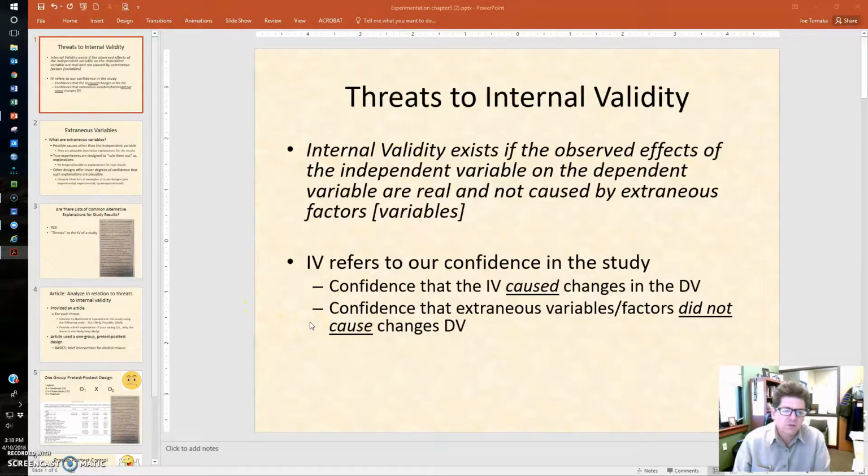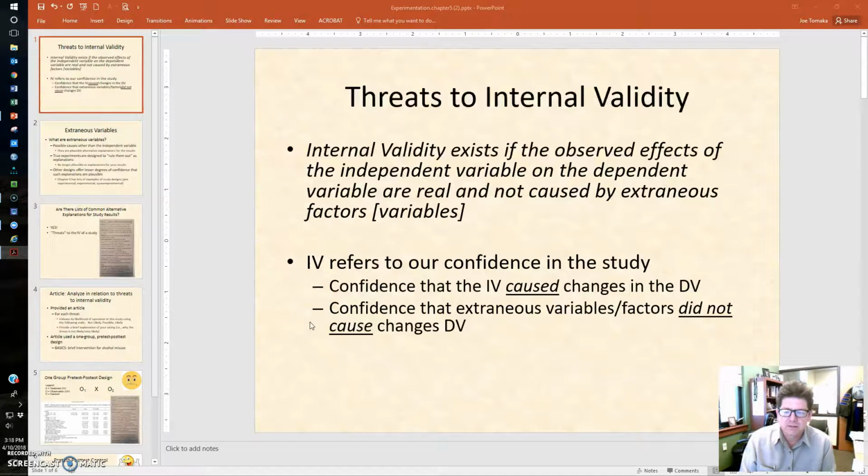So, what are threats to internal validity? Well, the book defines internal validity as existing in a study if the observed effects of the independent variable on the dependent variable are real and not caused by extraneous factors, or what we might call extraneous variables.